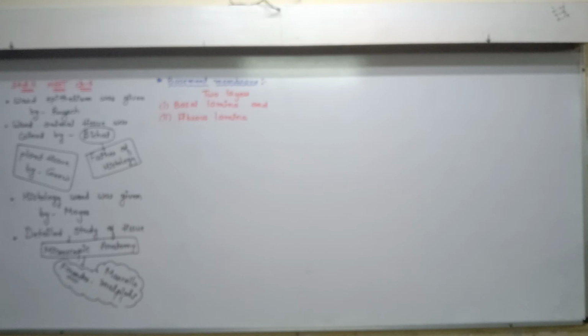Yes, the outermost layer of the alimentary canal, that is serosa. We are learning the histology of the alimentary canal: serosa, muscularis, submucosa and mucosa. So serosa is made up of the mesothelium.